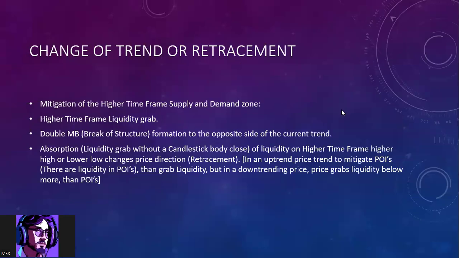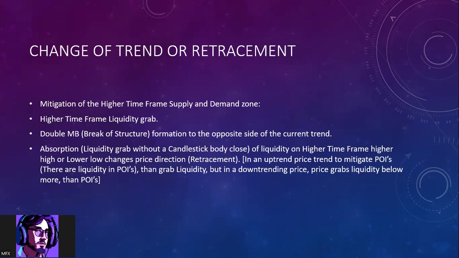So what I'm saying is basically from my study that there are four things that change the trend or make price retrace. Now, in these four things, when it comes to supply or demand zone, there are also so many other things attached to supply and demand zone. What do I mean?